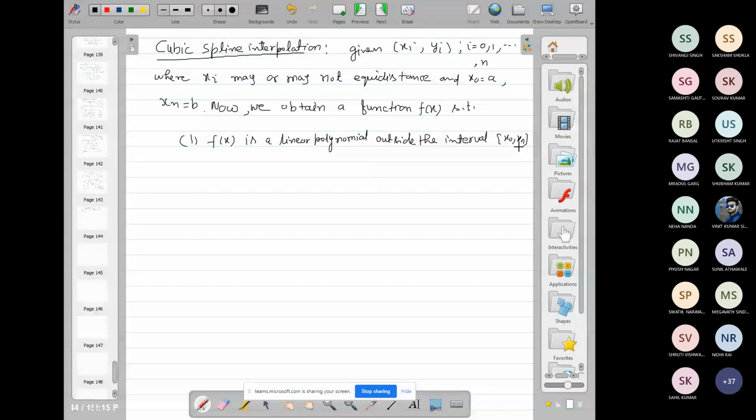In the interval the function is a cubic polynomial, but outside this interval the function is a linear polynomial.